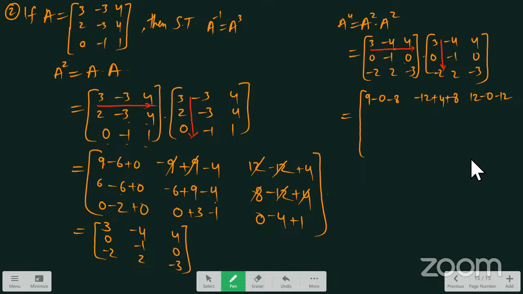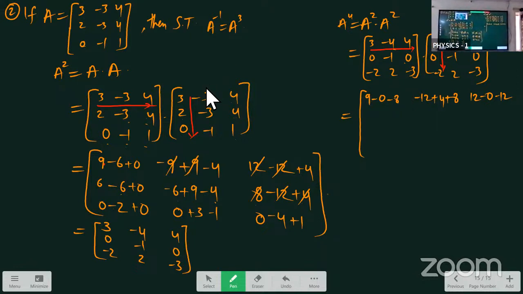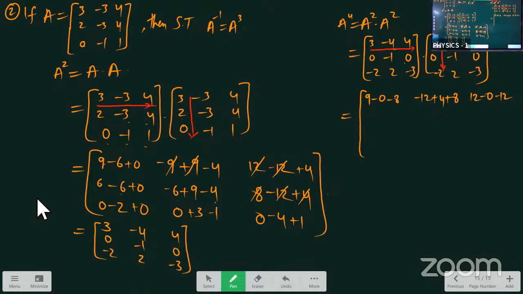In the same way, multiply this row and this column. Now multiply correspondingly second row, first column: 0 into 3, 0; minus 1 into 0, minus 0; 0 into minus 2, again 0 it is.